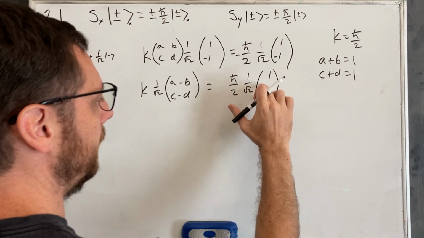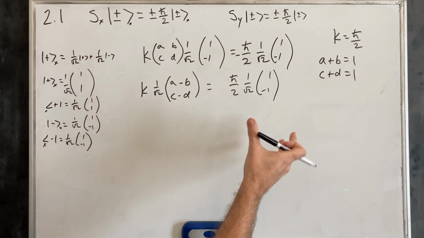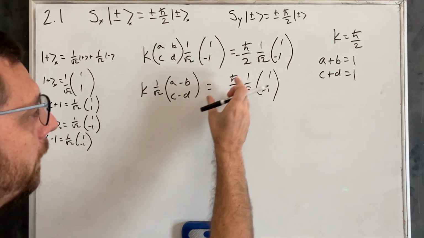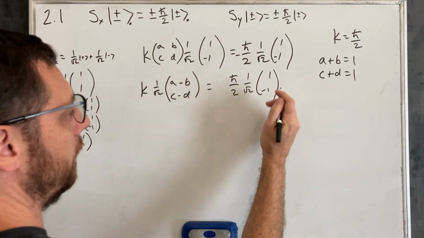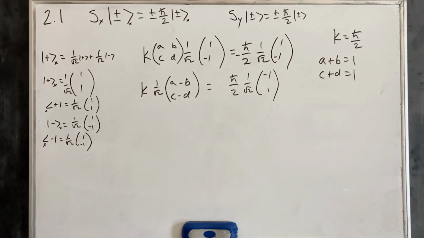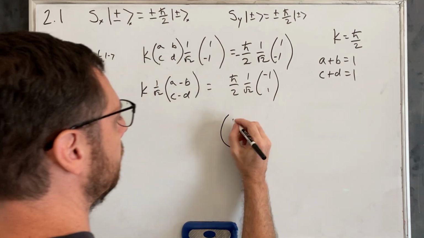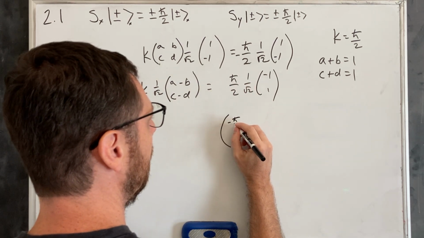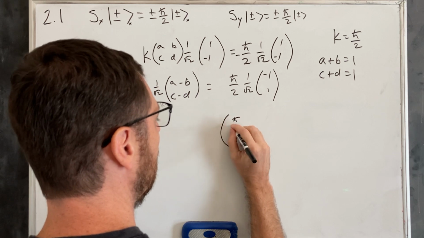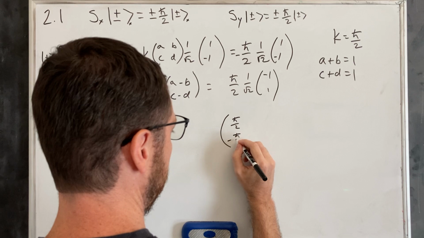So instead of pulling out a negative h bar over 2, which is what we basically have done in our matrix, we pulled out a positive h bar over 2, which means the signs just flip. Because this matrix, if we wrote it out with the h bars inside, would have looked like h bar over 2, minus h bar over 2.